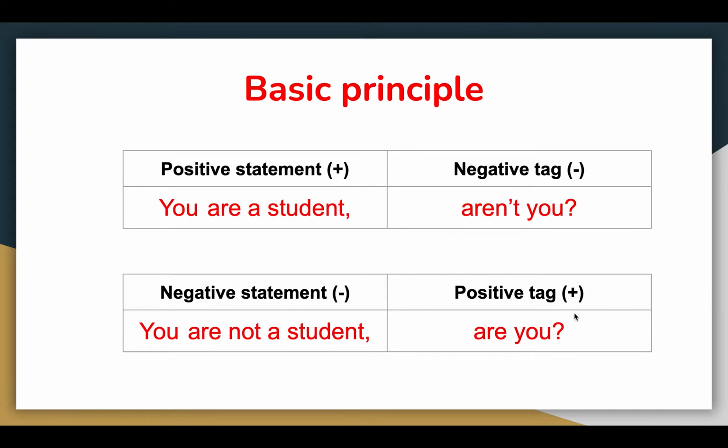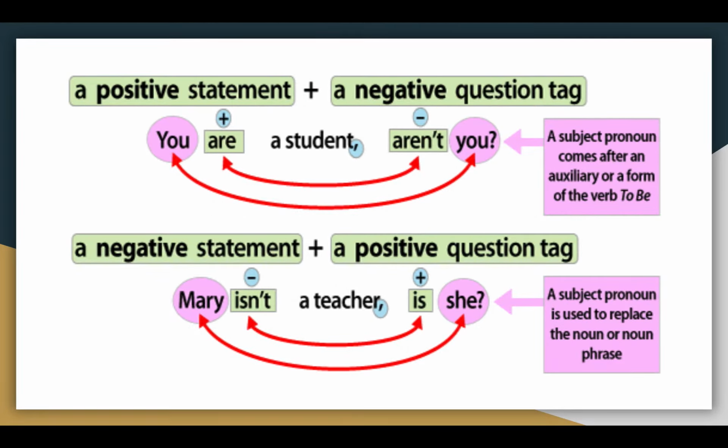Now let's dive into the grammar rule in this particular statement. A positive statement plus a negative question tag. "You" is the subject, "are" is your verb, and then you have your complement and "aren't you." Notice you don't say "you aren't." And also notice that you don't say "are not you."